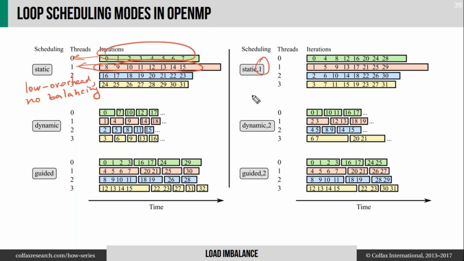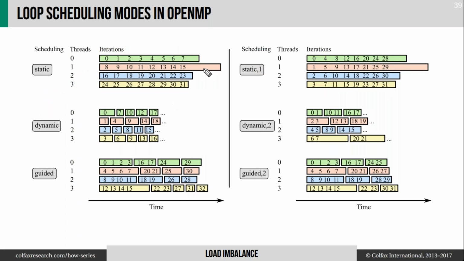If you set a grain size, a chunk size, OpenMP will assign this many iterations to every thread, and then it will loop over and continue until all iterations are assigned. But the key here is that at runtime, the mapping of iterations to threads does not change.